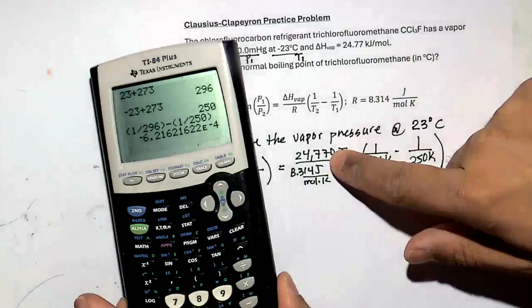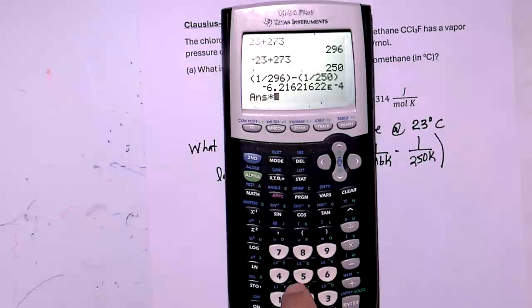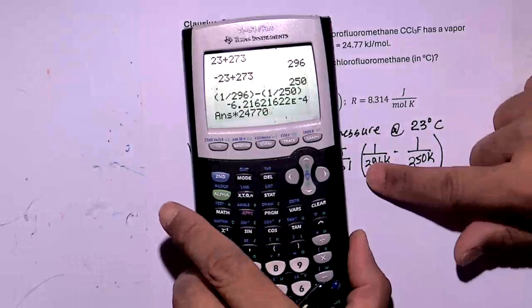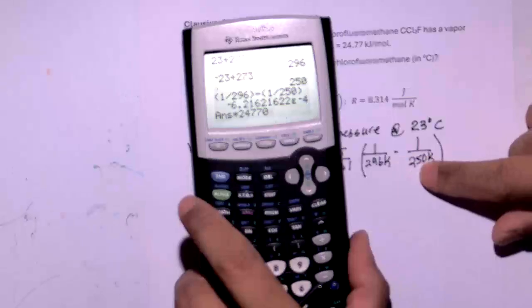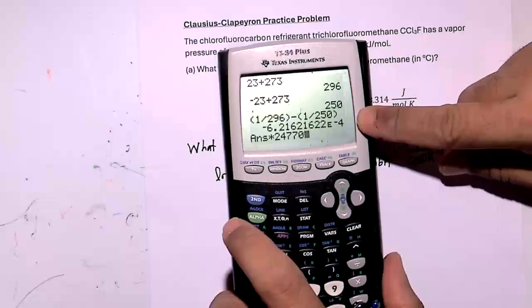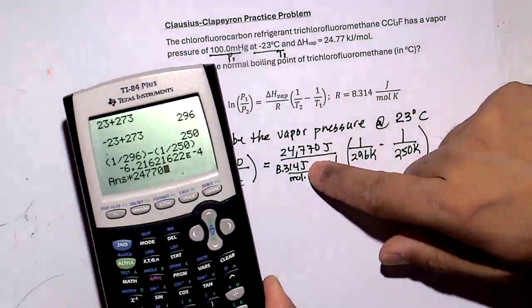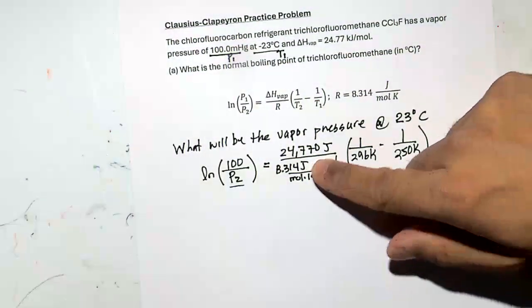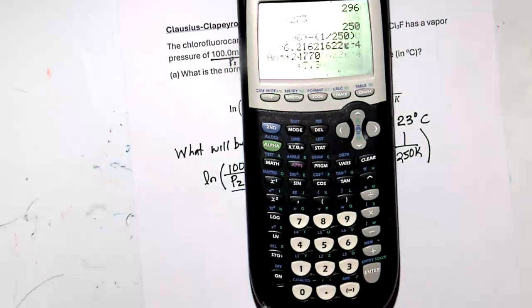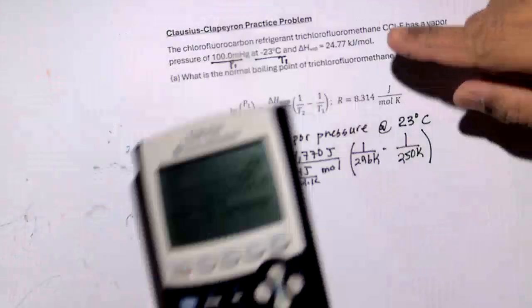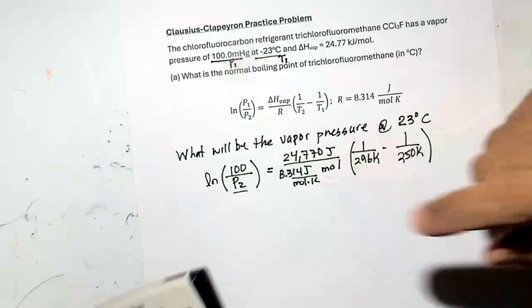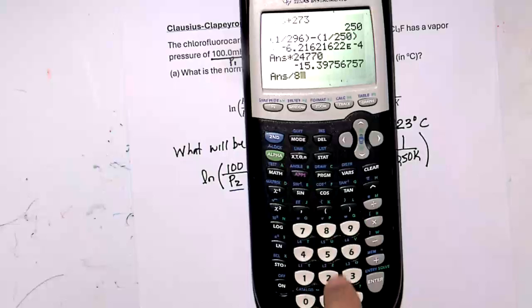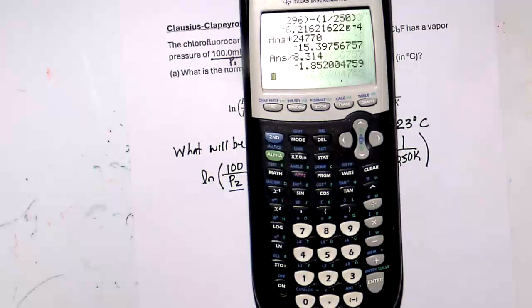is this. Times 24,770. So 1 over this minus 1 over that is this weird number times 24,770. Everyone see this? Then that weird number divided by 8.314.